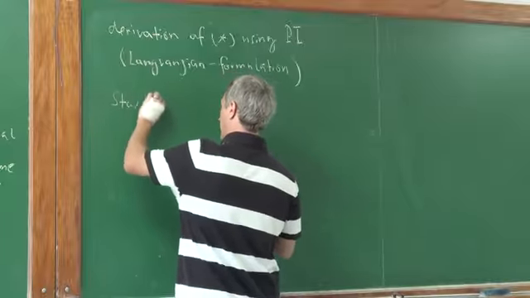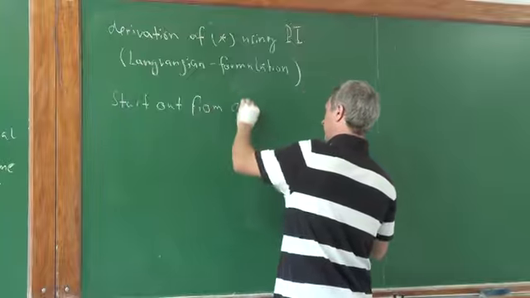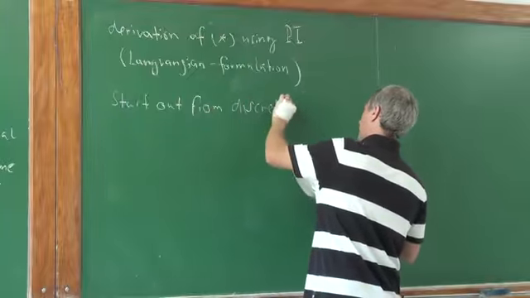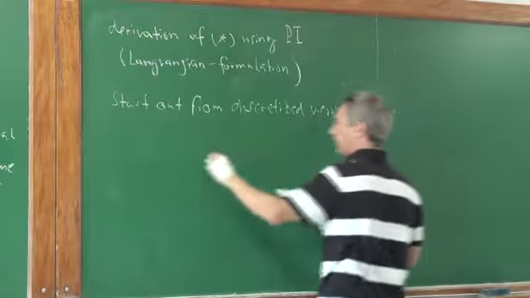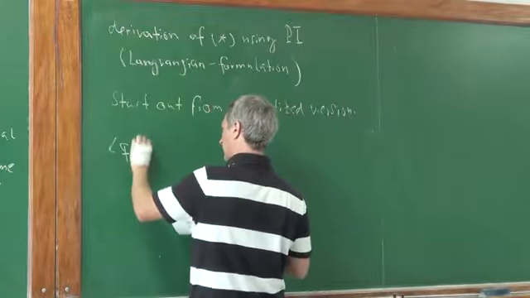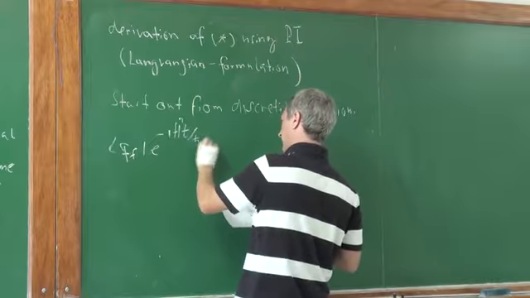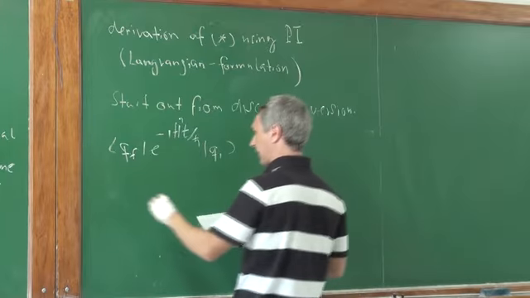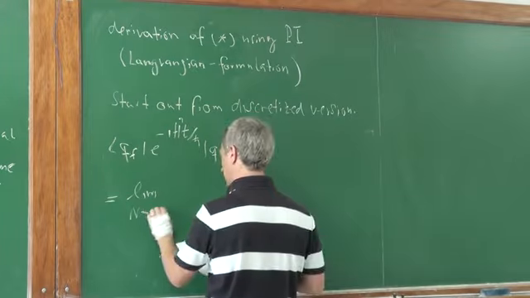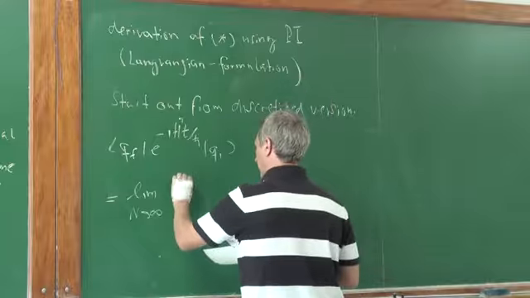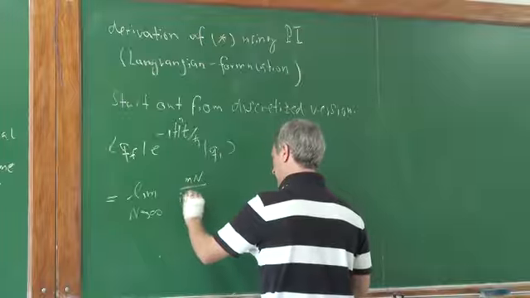So we start out from the discretized version. This was the measure of the path integral in coordinate space.